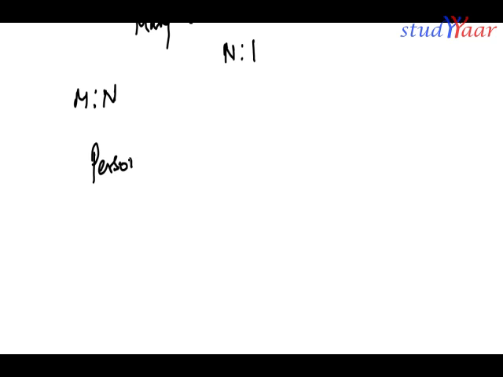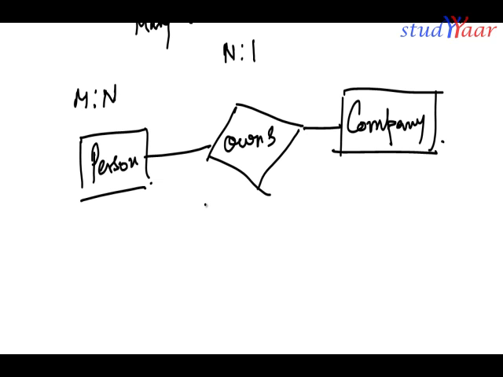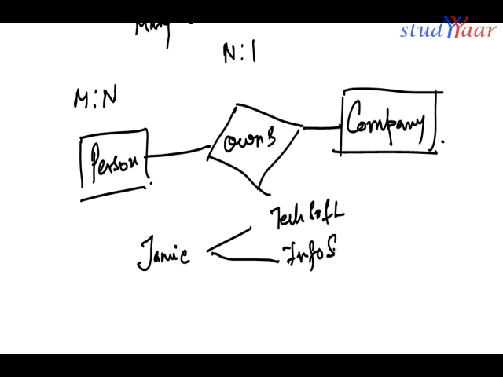Person owns company. A single person can own more than one company, right? There is no problem with that. Jamie can own Techsoft, can own Infosoft, and can own Brazil Dyes, right? There is no problem with that.